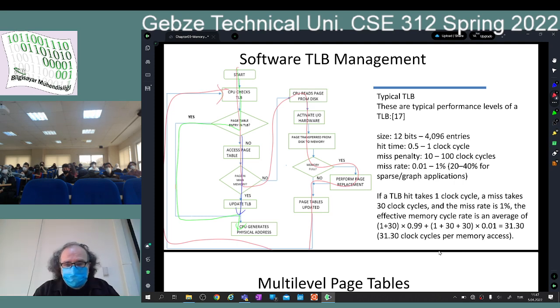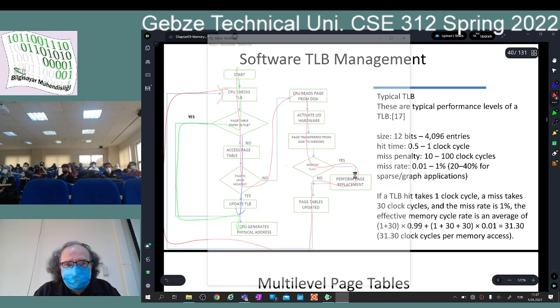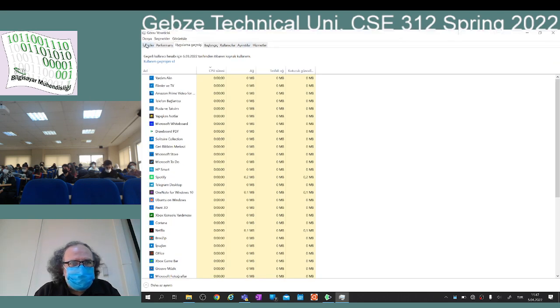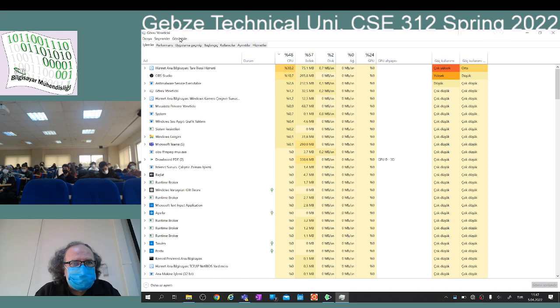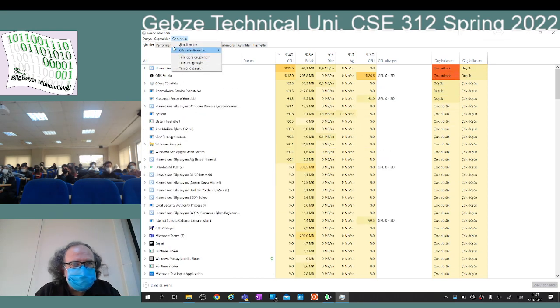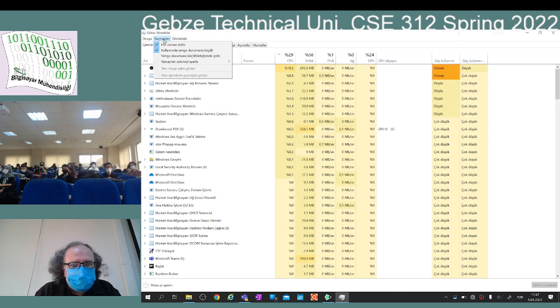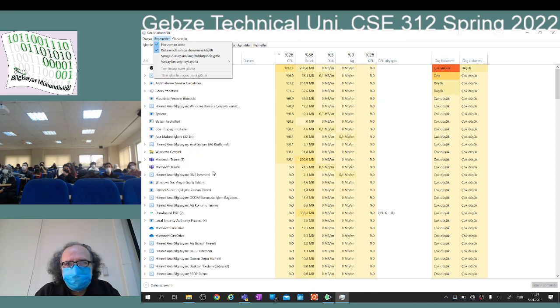And in fact, I don't want to do that, but I'm going to do it anyway. If you go there, these are my processes. Where do you guys remember where I see my page faults?